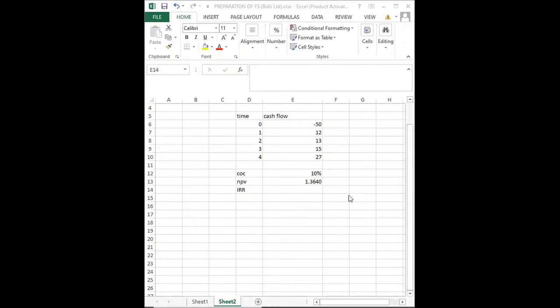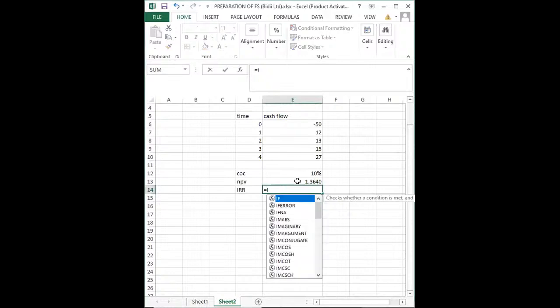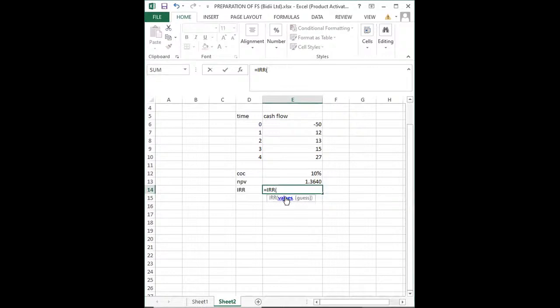So go to where you have IRR. So equals IRR. Okay, so double click that one. Double click inside. Great. So values now, take from negative 50.